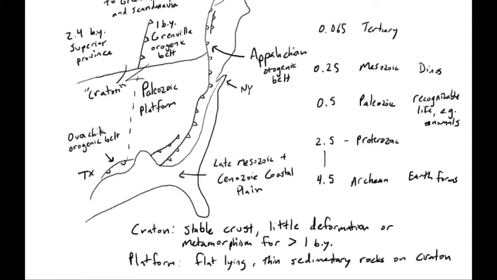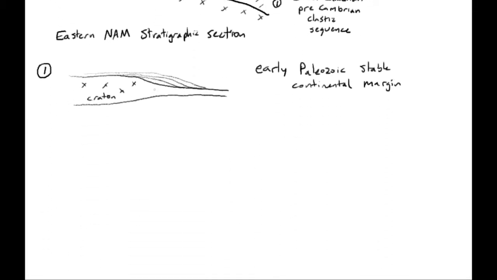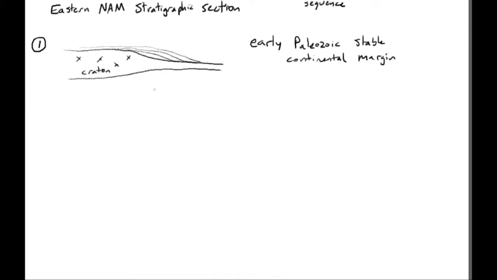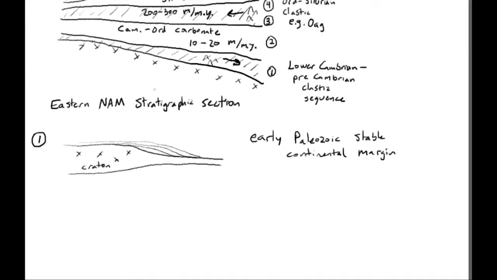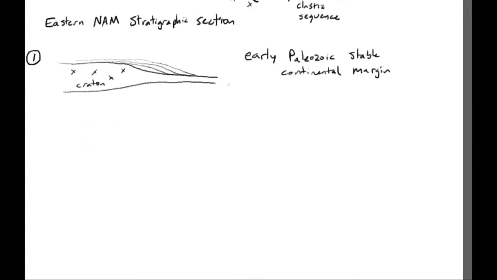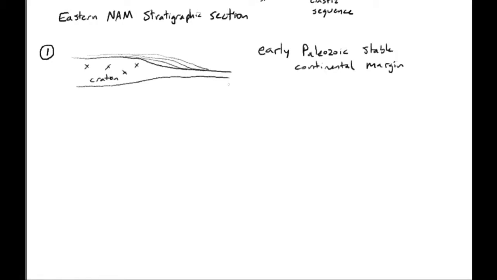Since 1 billion years, we're just going to start by depositing, this event happened, then we deposit a passive margin on top of it. And that's the first layer of rock in this sequence here, sitting on top of the crystalline rocks that existed previously.